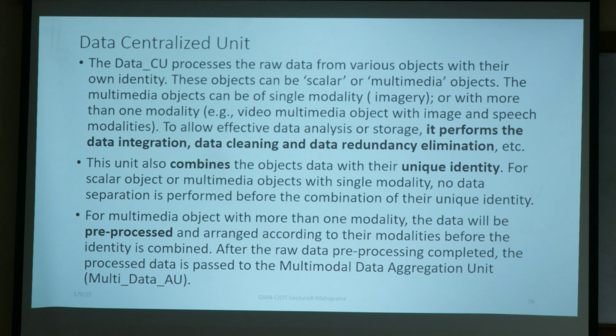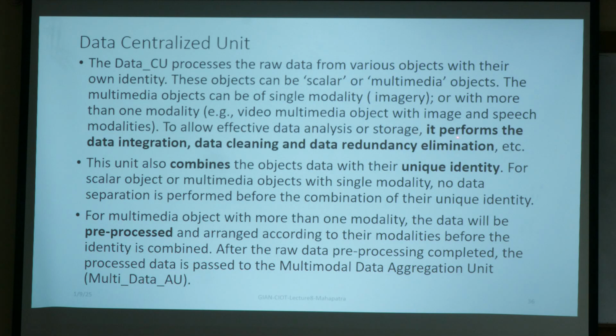This is the one, right? The data centralized unit processes raw data from various objects. We saw 3 different kinds of objects with their own identity. They're unique. And these objects can be scalar or multimedia, both single modality and multiple modalities.